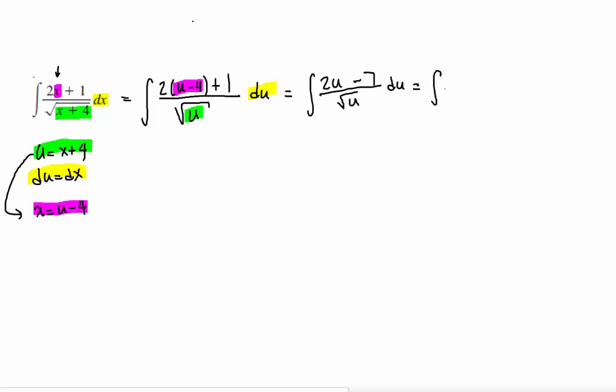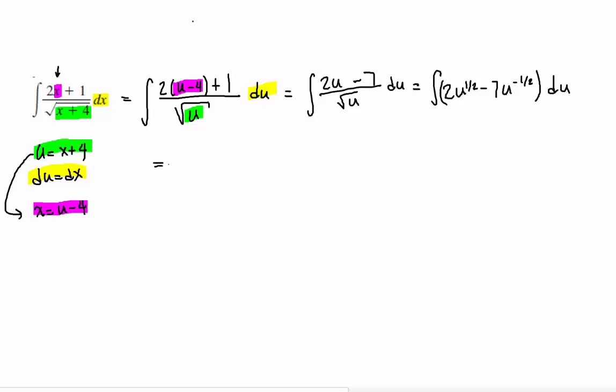That gives me just 2u to the 1/2 just by copying the exponent of this and subtracting the exponent of this one. So 1 minus 1/2, that's that, and then minus 7u to negative 1/2, because that's going to be u to the 0 minus 1/2, basically, and then du.